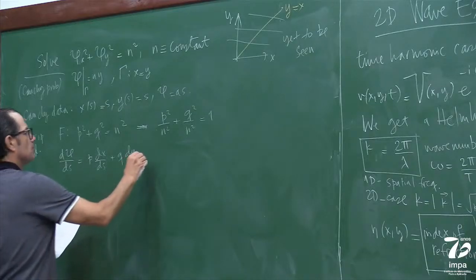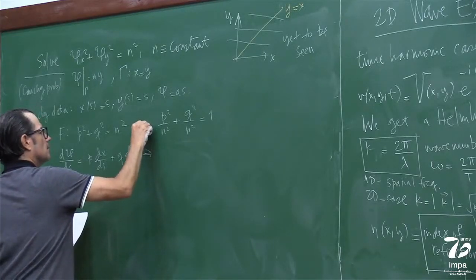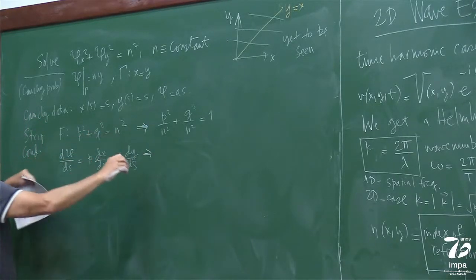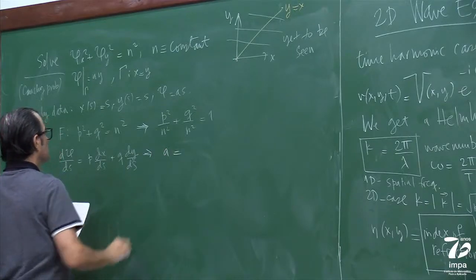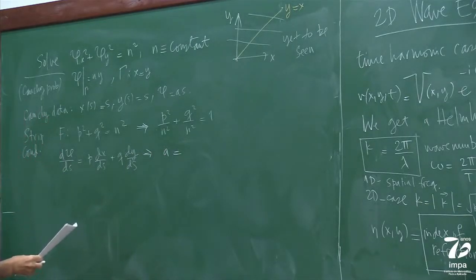And here, we get that d phi dx is A, equal to ds dx, which is 1.